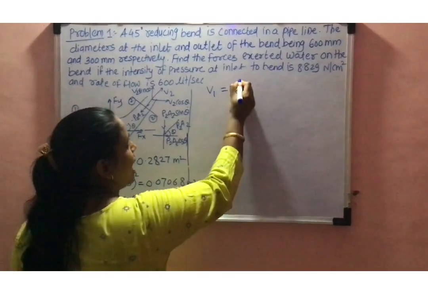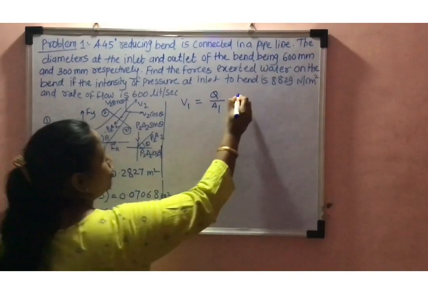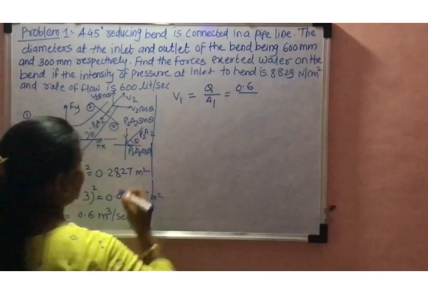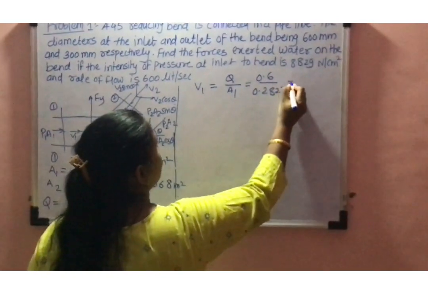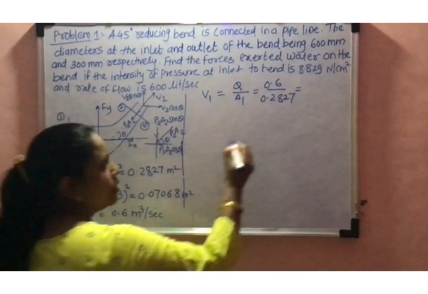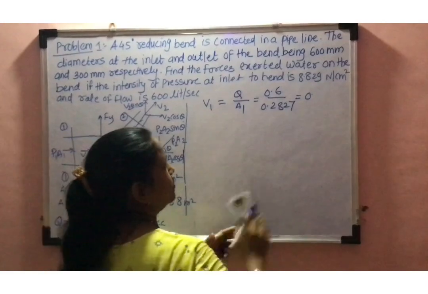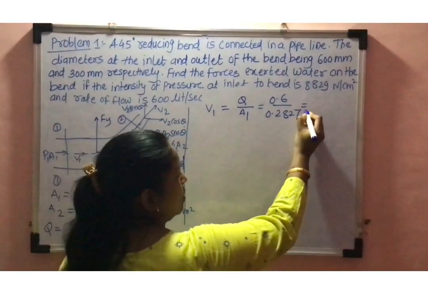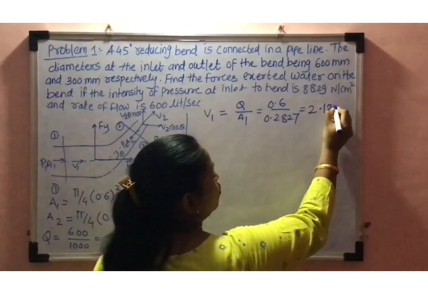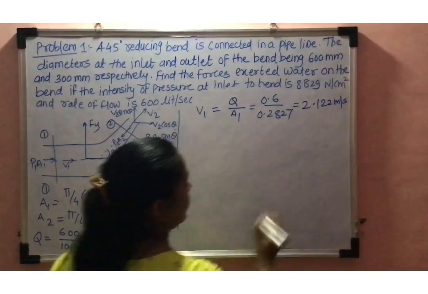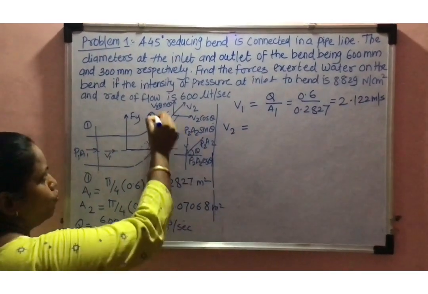So velocity at inlet is equal to Q upon A1. Q is 0.6, then area is 0.2827. This will come 2.122 meter per second. Then find out the velocity at outlet.